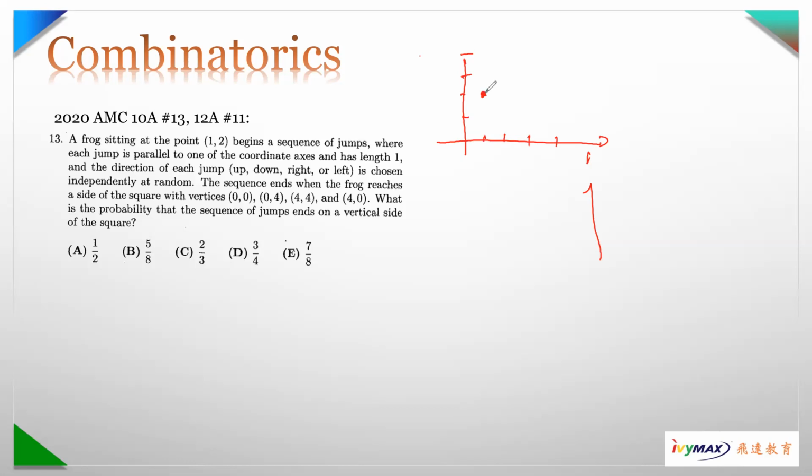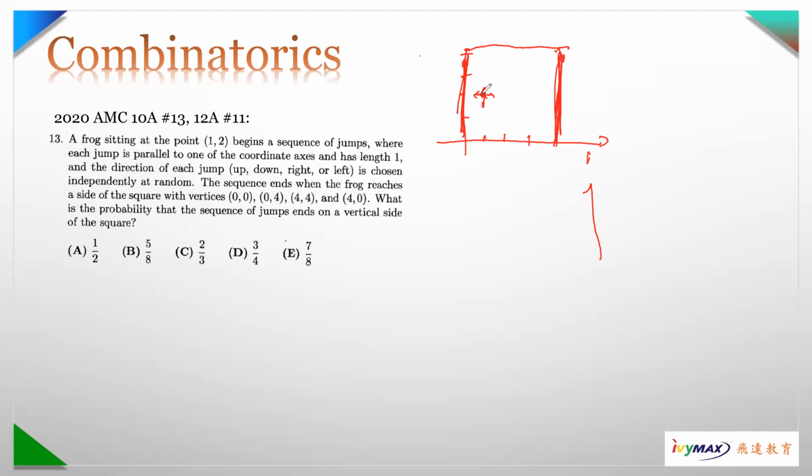So you can go this way, and each time it's just a length of 1. And they want to know finally what is the probability that this frog will stop at a vertical side of the square. So either here on the left or here on the right, right?